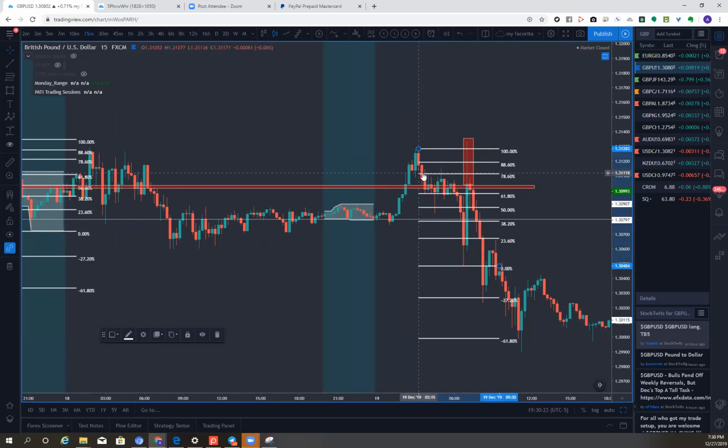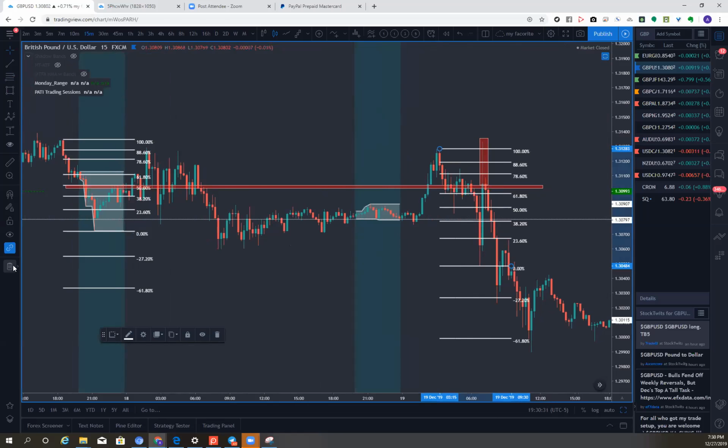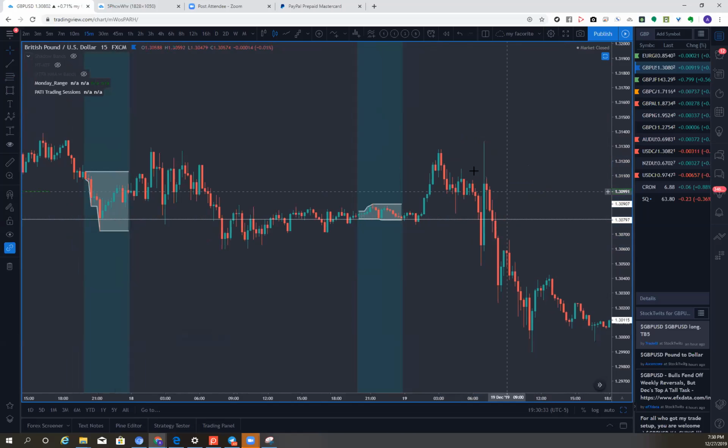You could have had a limit order here. You would have been wicked into your entry, and then price would have left off. So that's a couple more tricks you can use with this technique when they stop hunt like this, that 786 and 886 off that previous drop, and they want to come back and stop hunt.